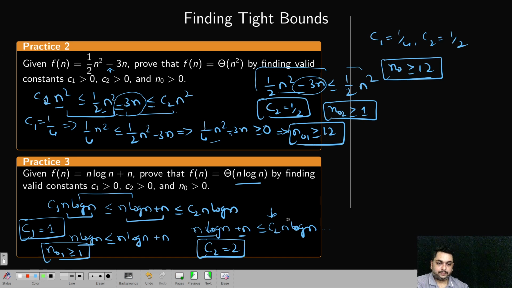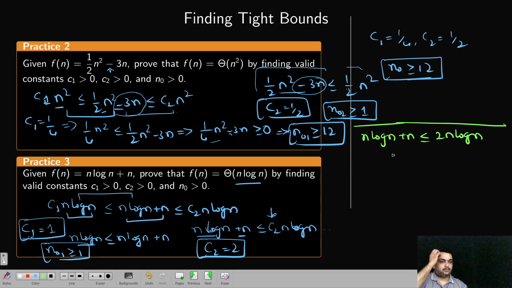So if I choose it to be 2, n log n plus n should be less than or equal to 2 n log n. So if I solve this, n log n minus n is greater than or equal to 0, or log n is greater than or equal to 1.